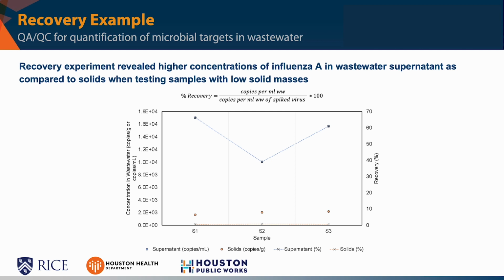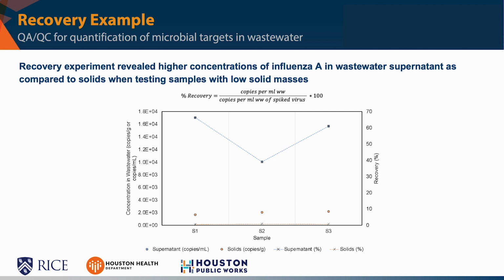As I mentioned before, there are a few studies that determine influenza A to partition more to the solids fraction than the supernatant. In order to test this in our own samples, we obtained a sample of wastewater, placed a predetermined volume aside as a negative control, and spiked the remaining sample with influenza A as a positive external standard.